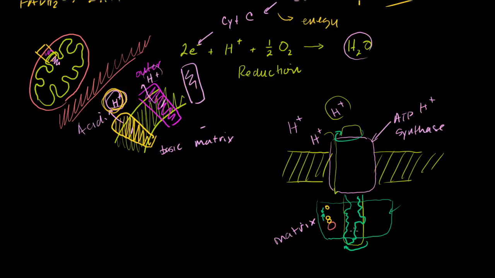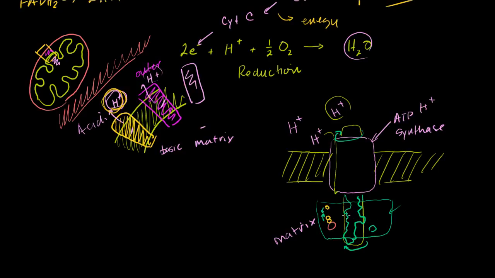And the current thinking is it does it on 3 different sites simultaneously. So as this spins around, ADP and phosphate groups show up on the inside of this housing. You could imagine like that. And I don't even know if it's on the inside, but they show up on the housing.